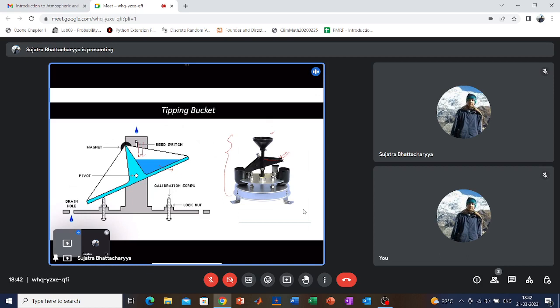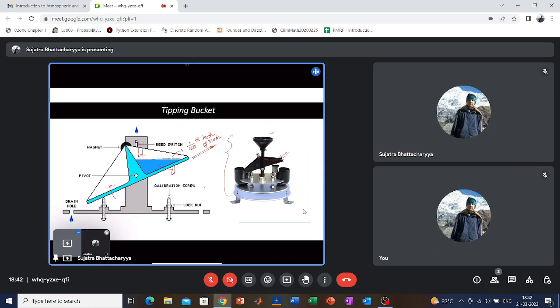Now once it reaches a particular level or amount, which is generally 1/100th of an inch of rainfall, you can convert it into millimeters. When this amount of rainfall is reached, this side goes up, this goes down, and the water is released.